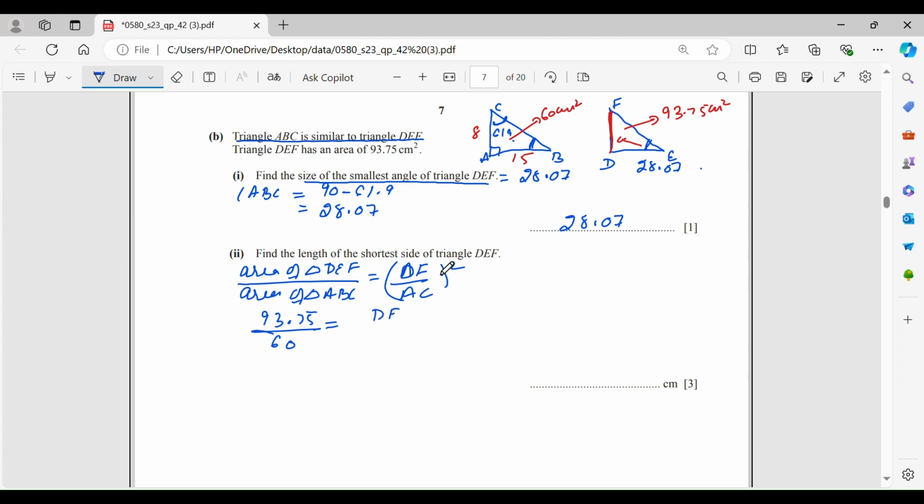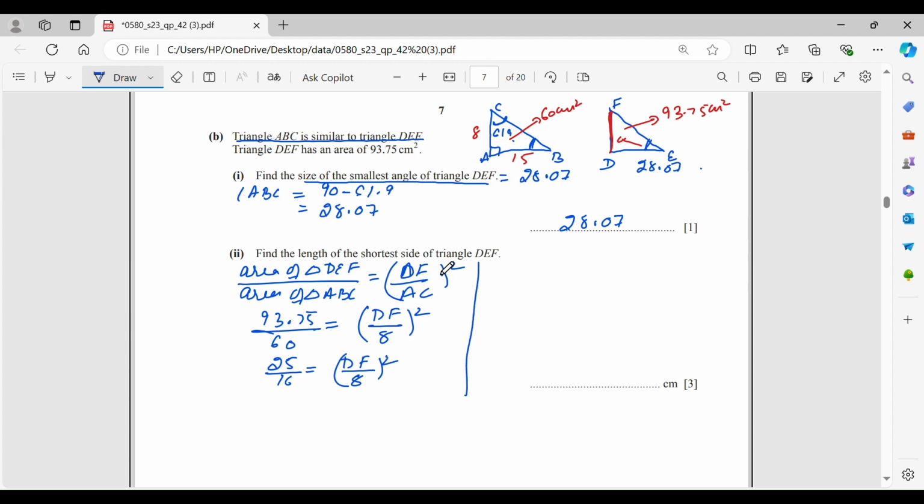So DF over AC, AC is given to be 8, square, right? Using the calculator, this is equal to 25 by 16, which equals DF over 8 whole square.